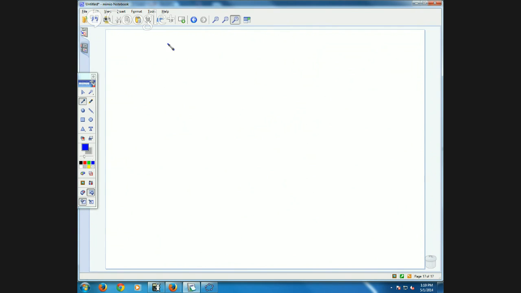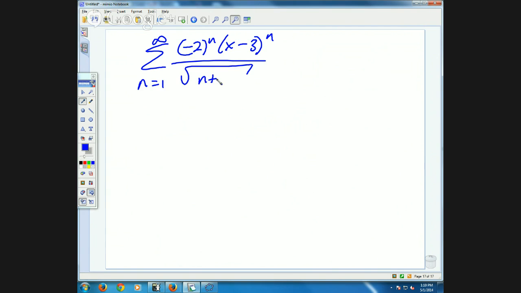Whew. This is like the biggest, baddest one we'll probably ever do. Oh, is that true? Oh, the next section has a couple badder ones. The sum from n equals 1 to infinity of negative 2 to the n, x minus 3 to the n over the square root of n plus 3. Next page. All right. The center is what again? 3. Okay.